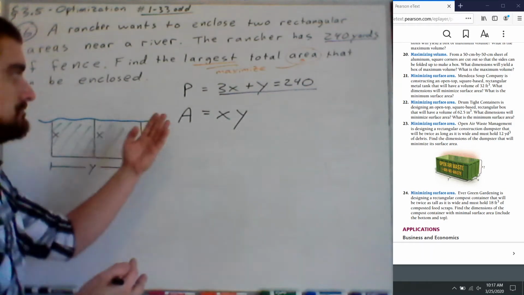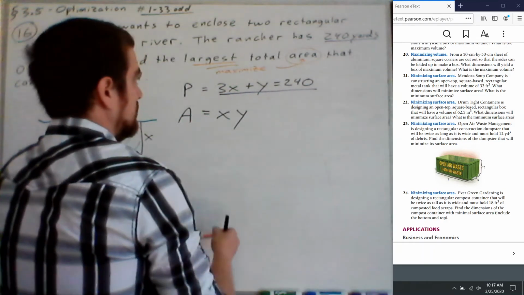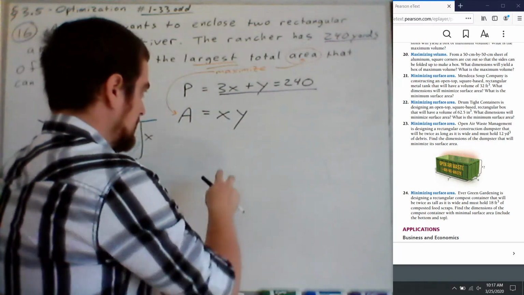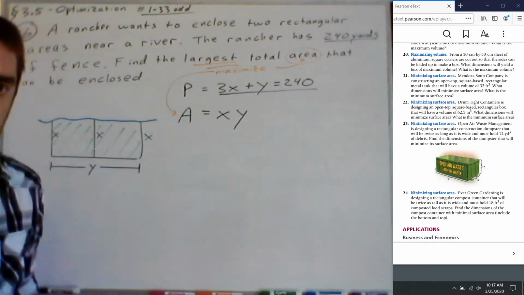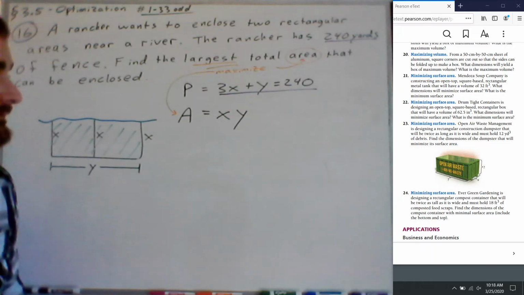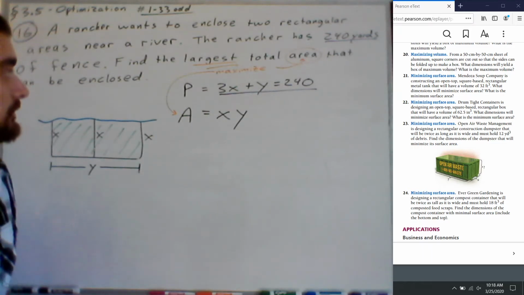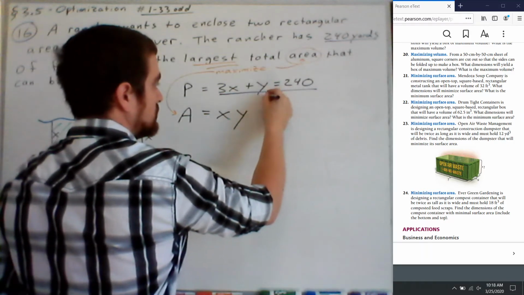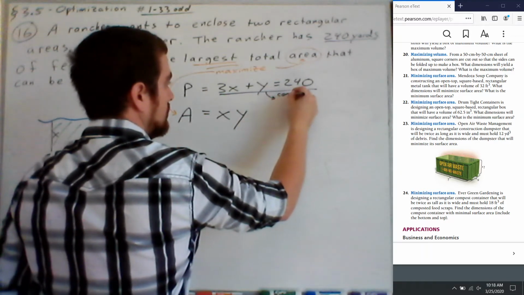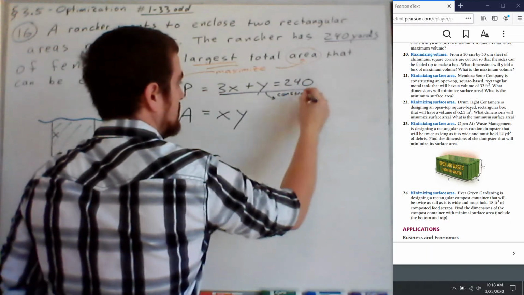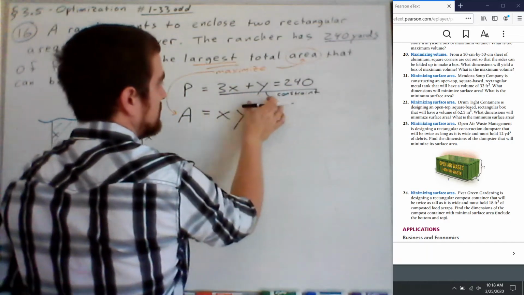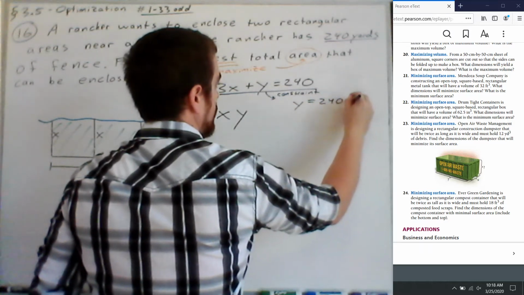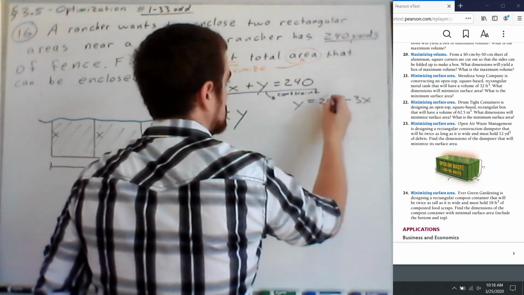So let's see if we can maximize this area. Again, this is what we need to maximize. We need a derivative for this. This has 2 separate variables in it. This is not a function of x. So what I do is I use my perimeter p, my restriction, that's my constraint. I use that constraint to subtract 3x and get y is equal to 240 minus 3x.